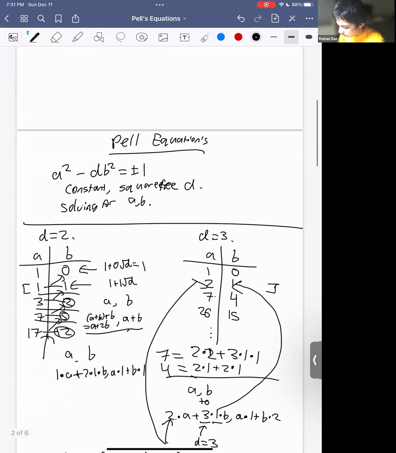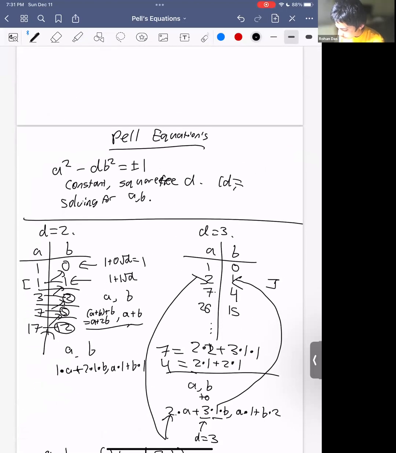I actually didn't specify that up here, but if you work with d equals 1, then it turns out to just be difference of squares, and that is usually done in a much different way than Pell's equations. I think this same approach would work for it, but it's much more complicated than needed.